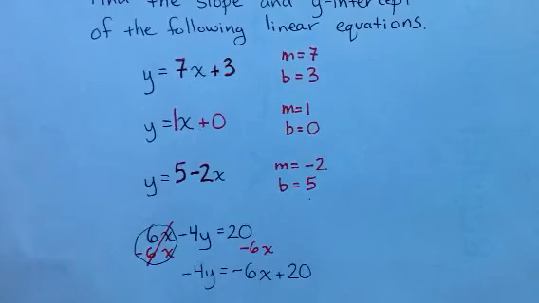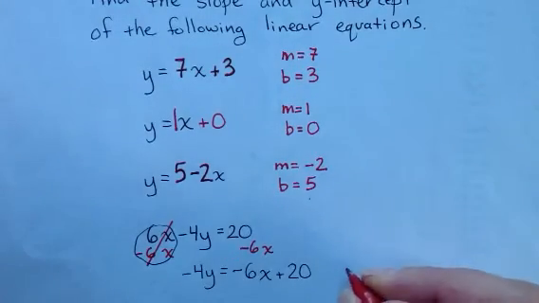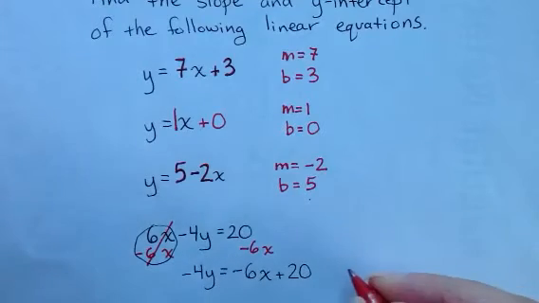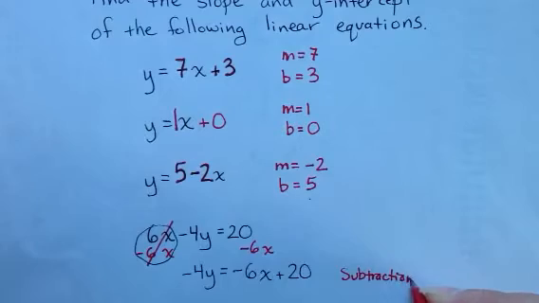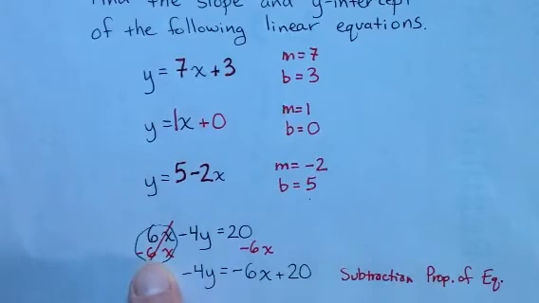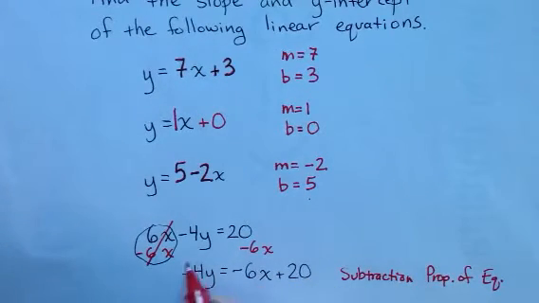Okay, and I just want to refresh our properties here. What we just did in this step to get from this to this, we used the subtraction property of equality. We subtracted negative 6x from both sides. Okay, the next thing we need to do is get y alone, so we need to get rid of this negative 4.